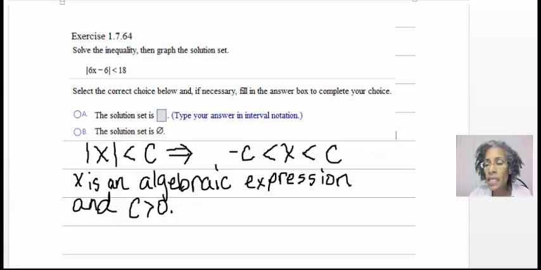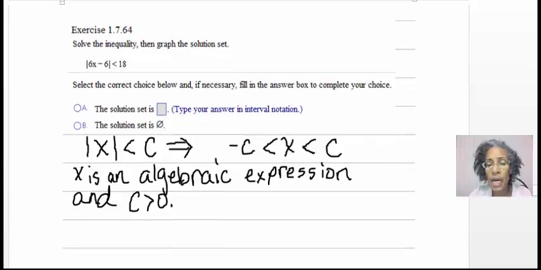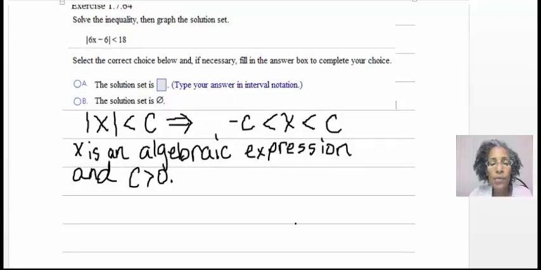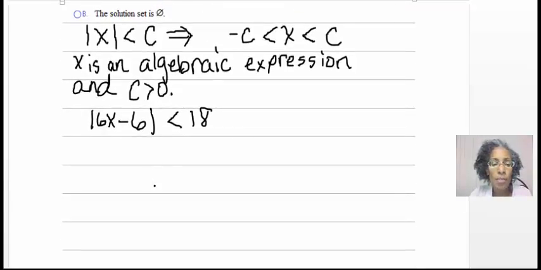All right, so what this does is it allows me, remember, whenever I'm working with a statement that has absolute value in it, in order for me to actively work with the statement, I have to first legally remove the absolute value. So when I see the absolute value of 6x minus 6 is less than 18, I need to legally remove those absolute value bars before I can work on this inequality.